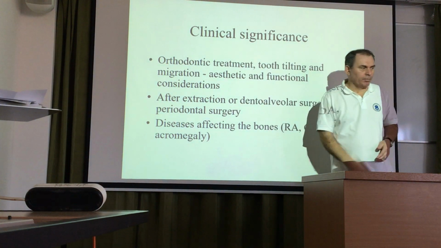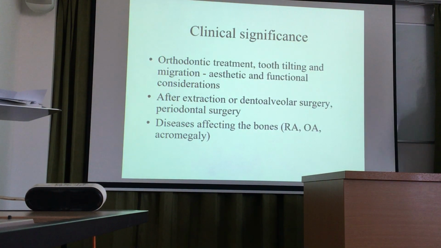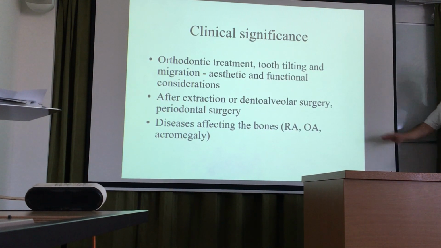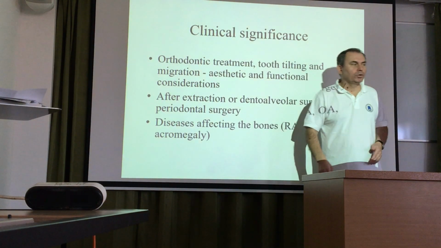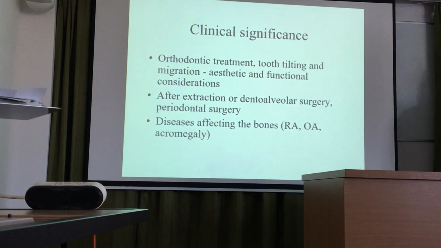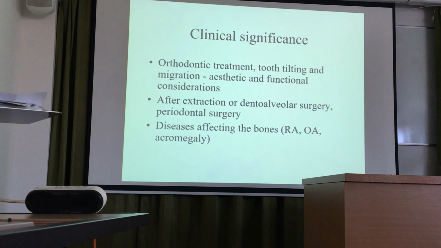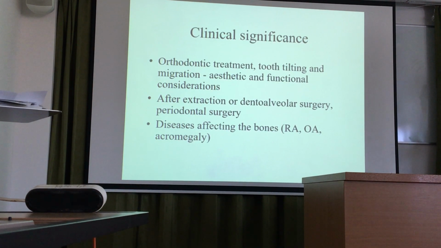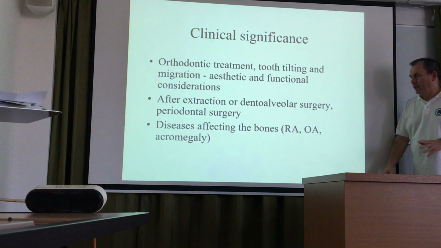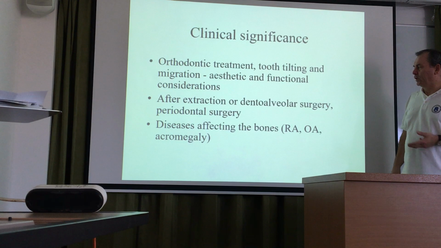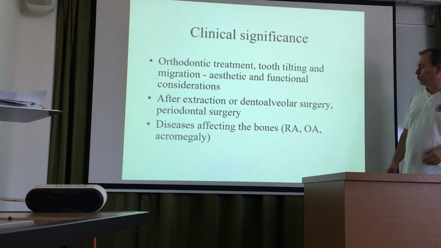And we have some disorders, diseases, for example acromegaly, in which the bone growth of the mandible, for example, is extremely accelerated. So the bone deposition is pathologically high, and you will see an extremely big mandible.